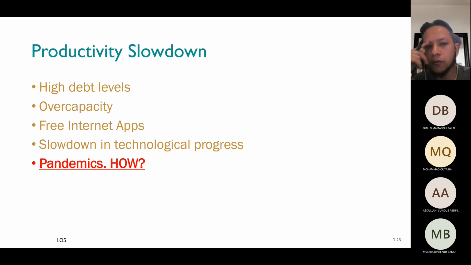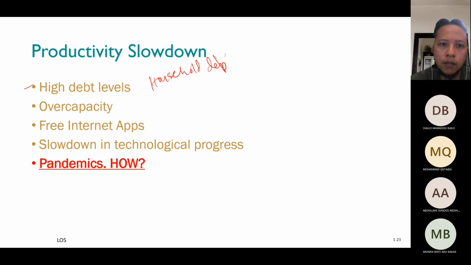Okay, and then there are also various factors that may decrease the productivity of a country. Okay, for example, if there is a high debt level, especially when you look at the household debt figures, whereby you calculate how much debt each person has.